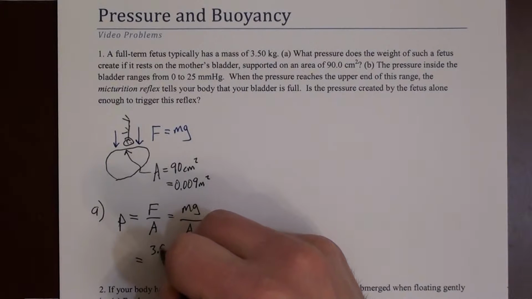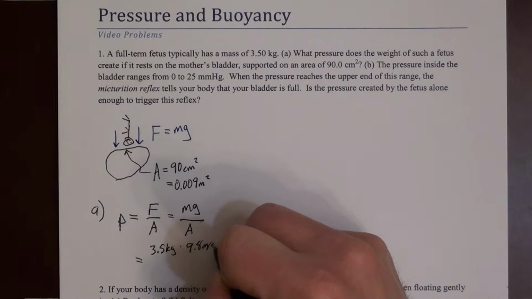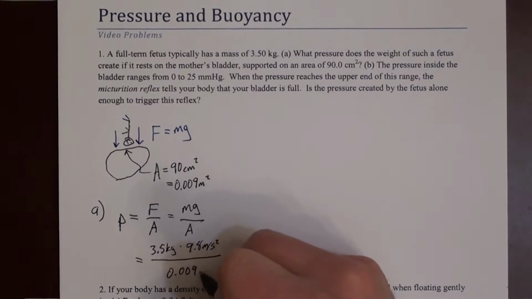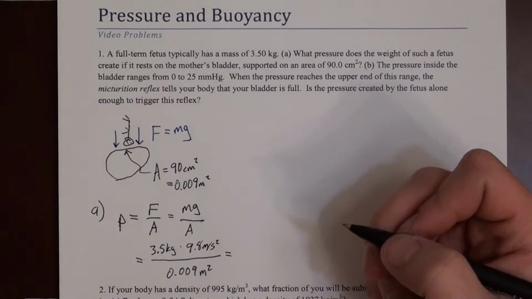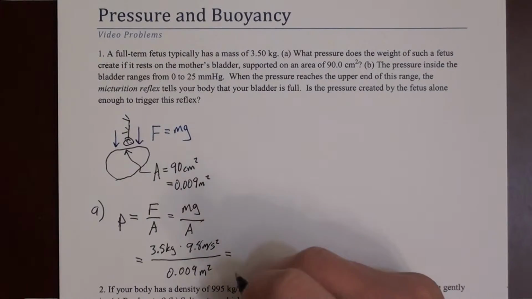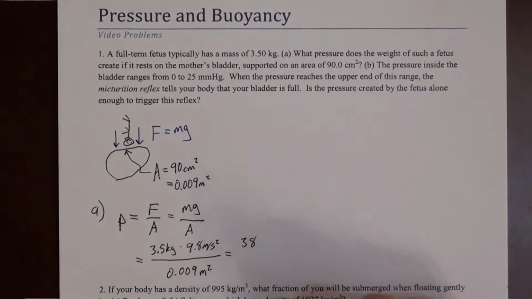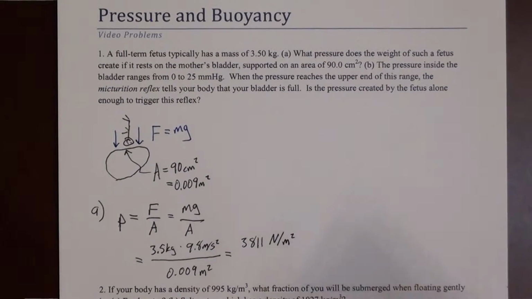It's 3.5 kilograms times 9.8 meters per second squared divided by 0.009 square meters. And if you do this, you end up with 3,811 newtons per square meter.